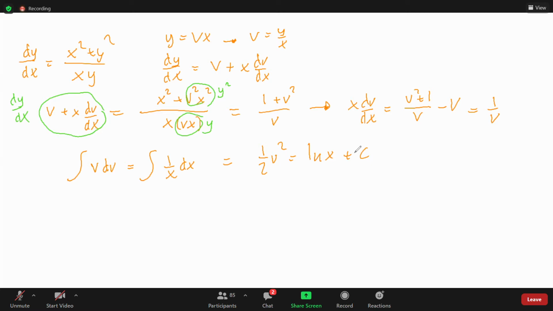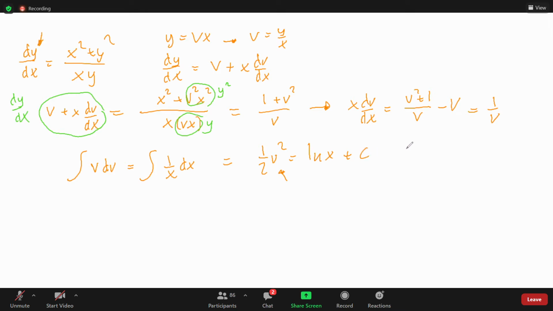Now, we have not finished, because we have reached a solution in terms of v, but our integration variable or our integration function was y.